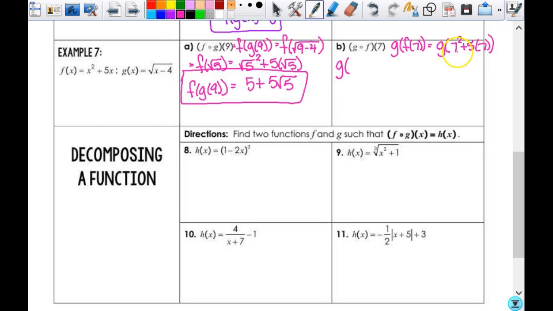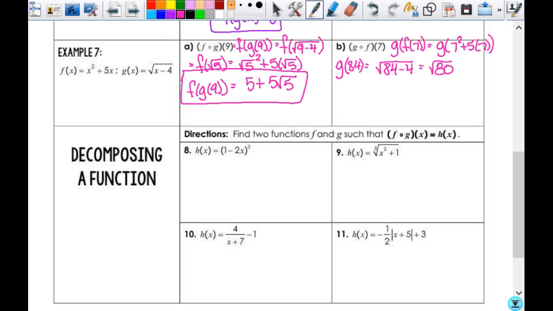f of 7 gives me 7 squared plus 5 times 7. So that's 49 plus 35. What does that give me? 84. Good. So that gives me the square root of 84 minus 4, which is square root of 80.